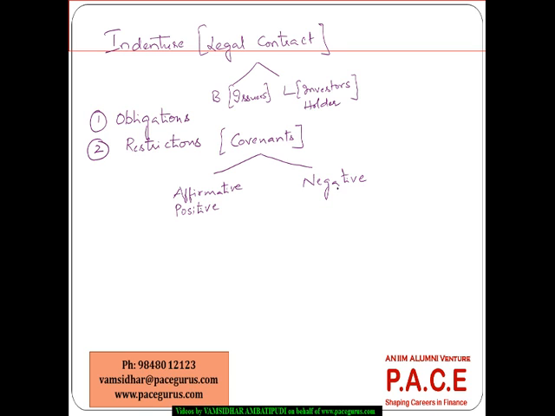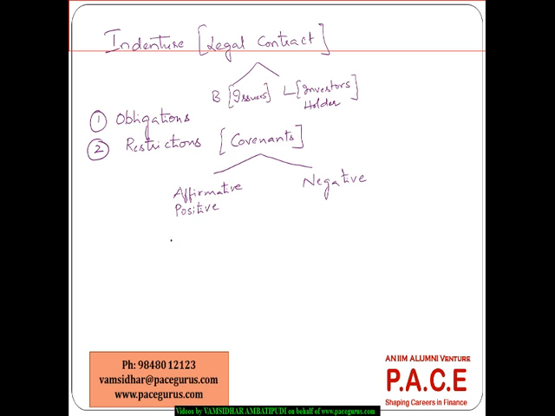What should the company not do during this bond issue period? This indenture is the most important thing for any kind of future transactions that happen with respect to the company.